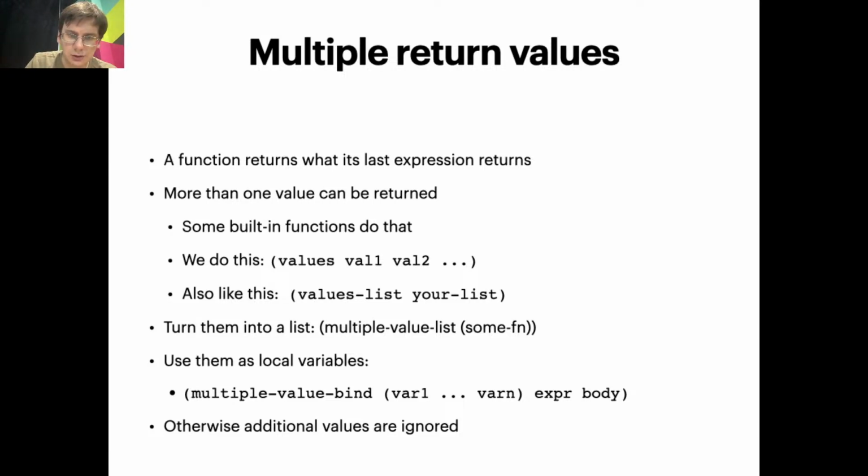When we call such a function, we can get its multiple return values as a normal list if we want. So it would contain all of the returned values. And we can also use the returned values as local variables.